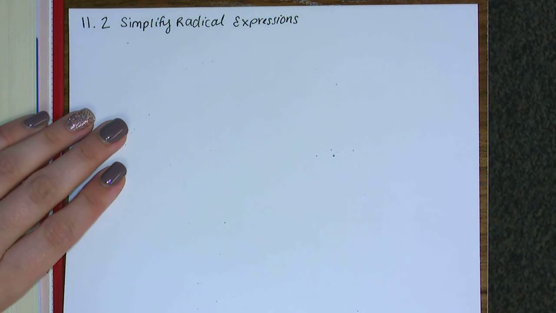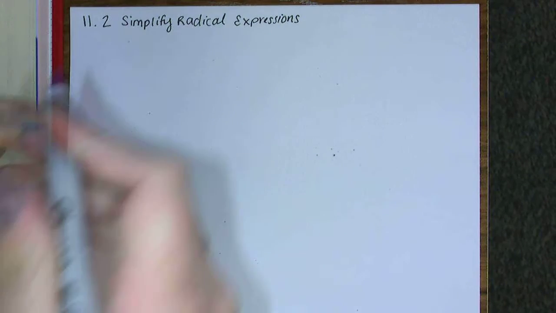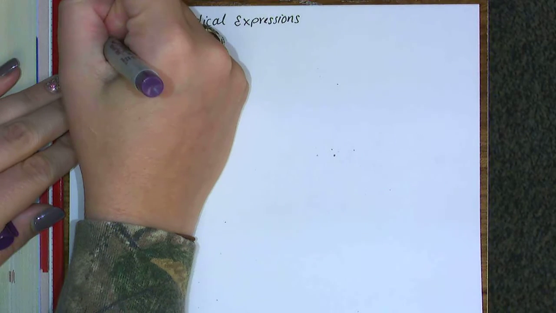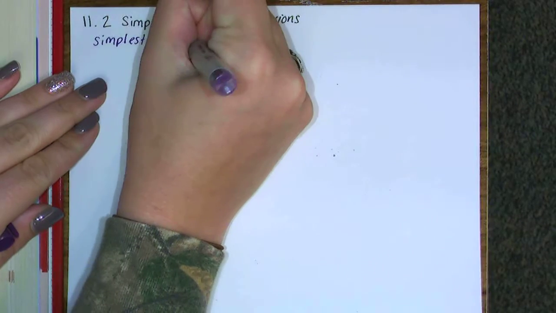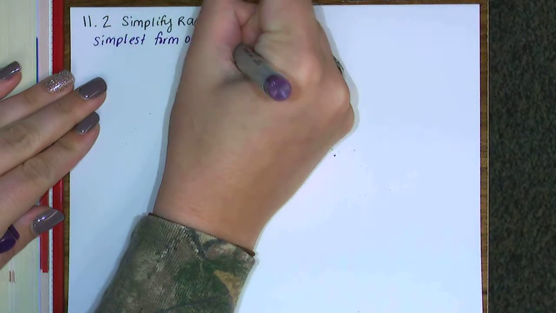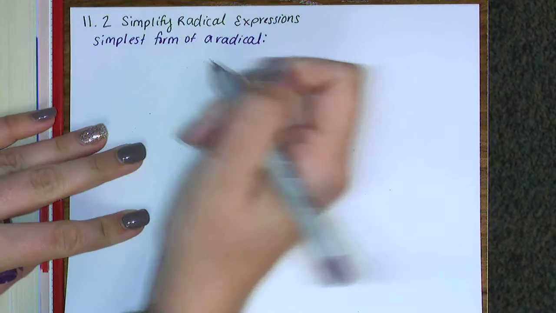Okay, so our goal with radicals is to get them in their simplest form. So what is the simplest form?